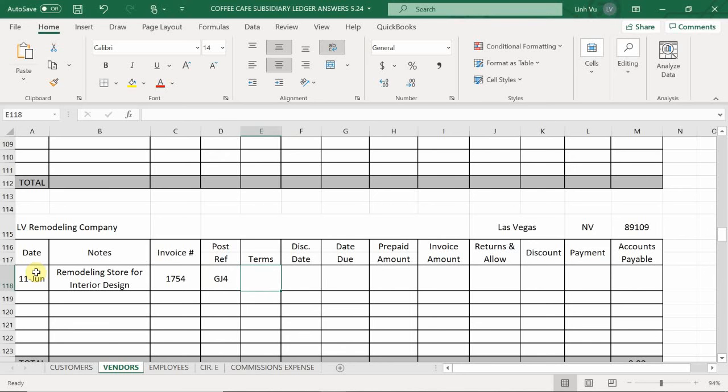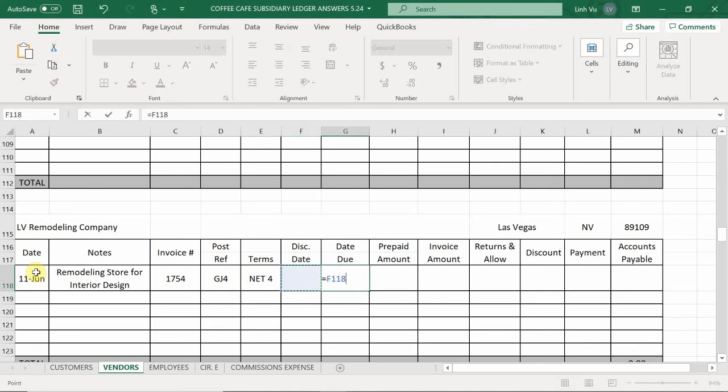No, but we do have a due date. They didn't give us a discount, but they did give us a due date. So the due date is net 4, right? They said this bill is due in 4 days. So we could skip the discount due date.